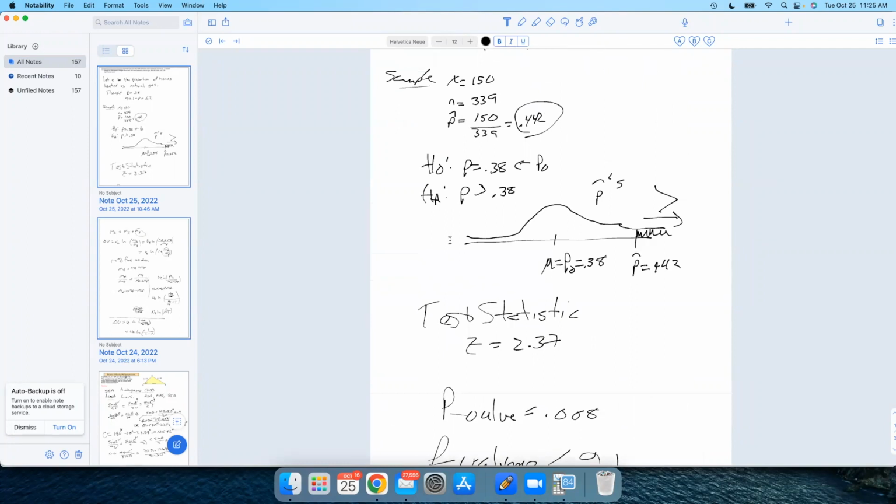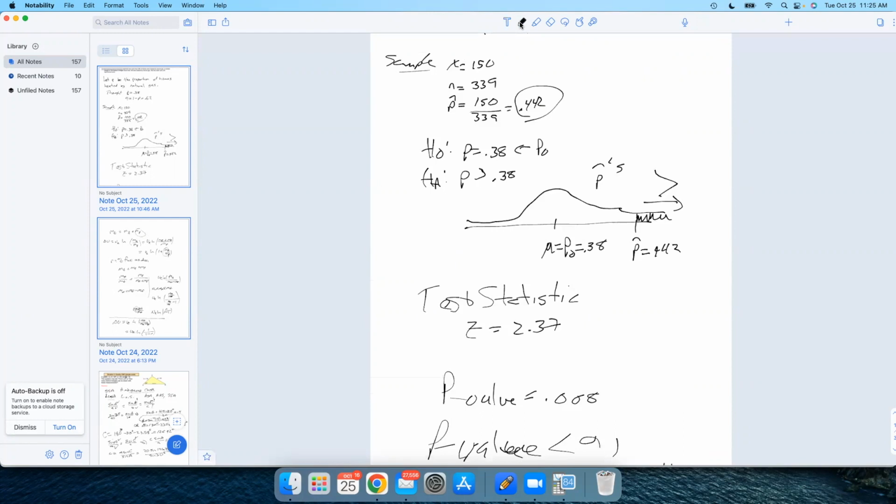See, I just said I accepted this. I rejected that. We used to think it was 38%. That sample said, that's pretty unlikely. So this one's out. That gives us strong evidence to back up this one.